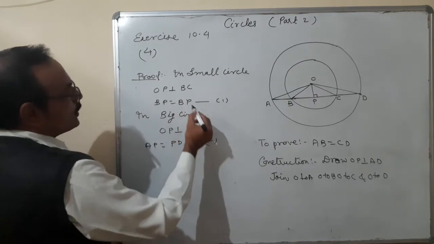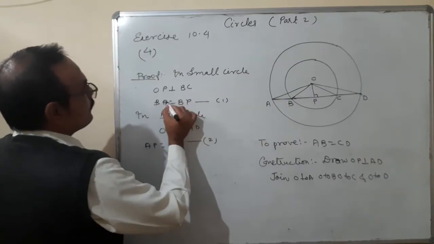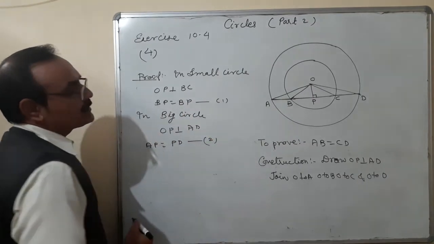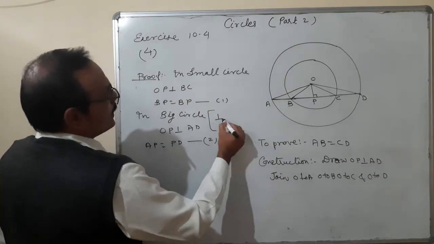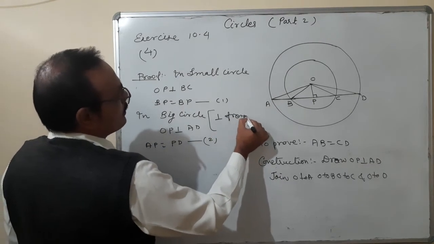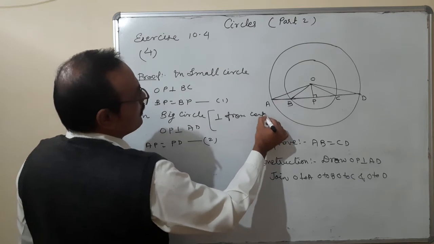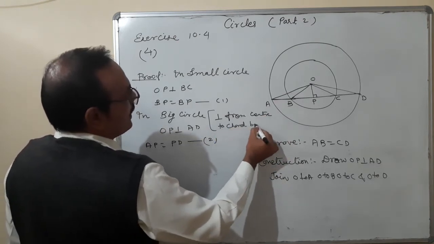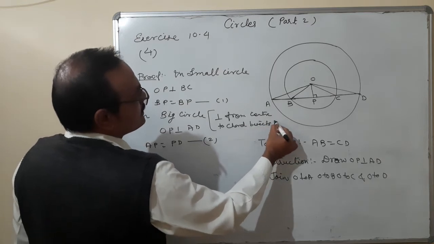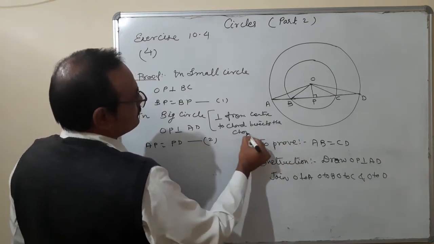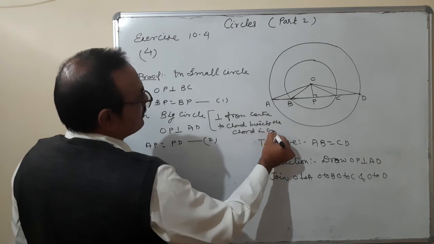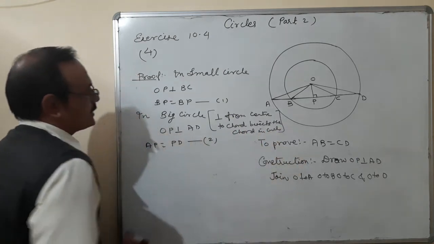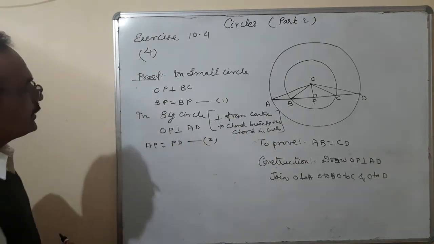And for both, what is the reason? For equation number 1 and equation number 2, the reason is perpendicular from center to chord bisects the chord in a circle. Okay, this is the reason for both equation number 1 and 2.